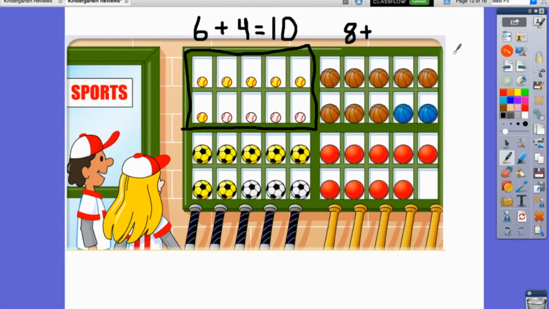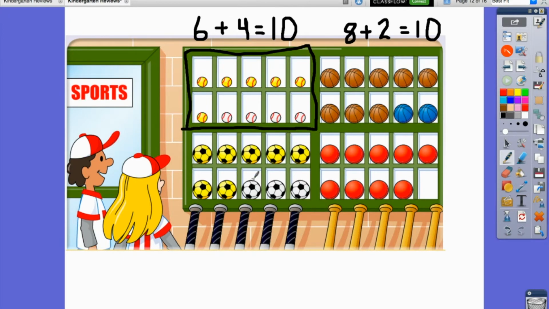How many of those basketballs are blue? That's right. There are 2. 1, 2. When we count all of those basketballs, we see that our 10 frame is completely filled in and that there are 10 of them. So 8 and 2 are number partners that make 10.